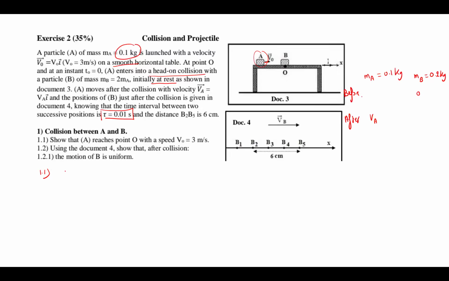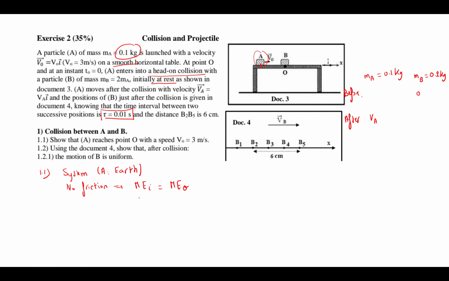We are studying the system A and Earth. Now we have to pay attention. I can apply here Newton's second law to verify this, and I can also apply the conservation of mechanical energy. We have a smooth table, so there is no friction, which means that ME of the system initially is equal to ME at O. Initially means just at this position, when we launched it.